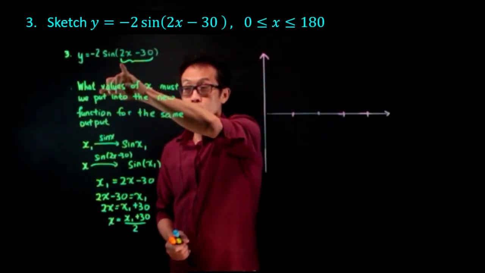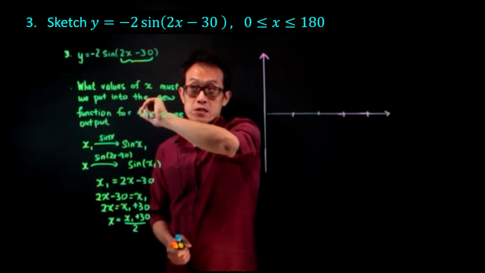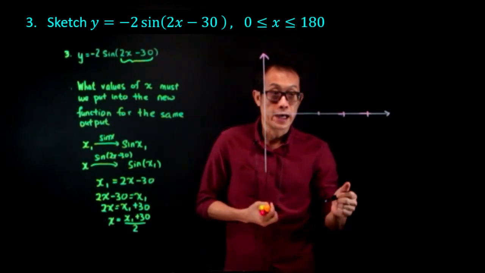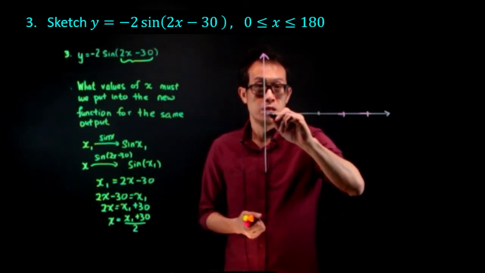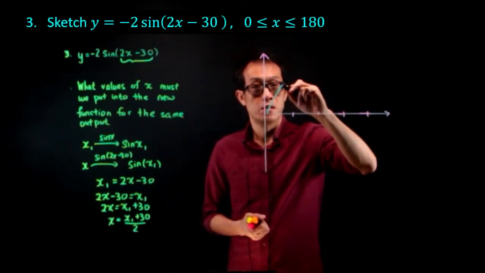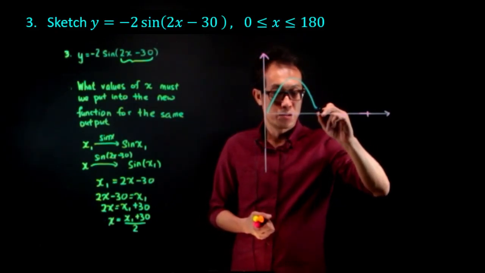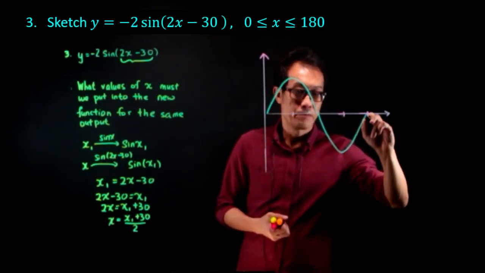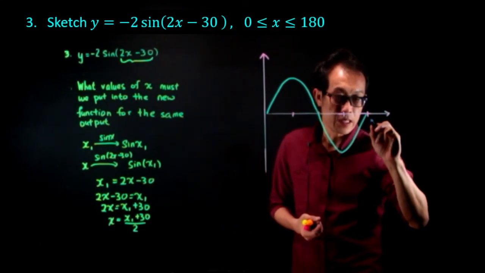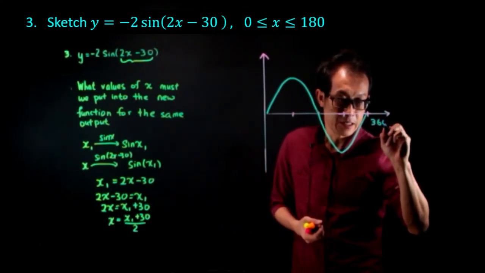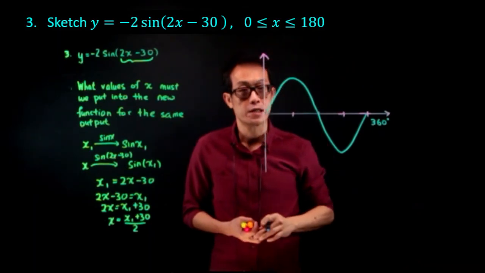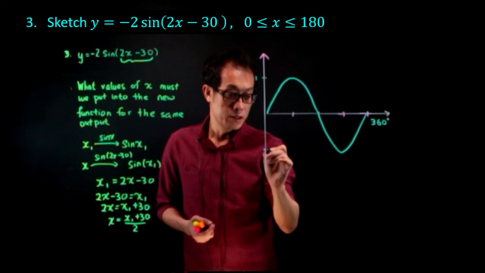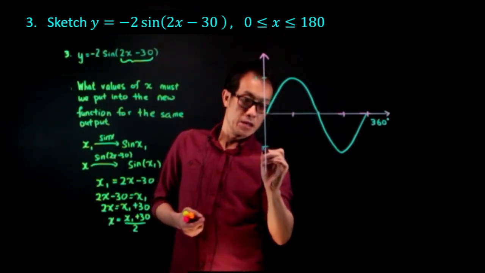The other way is we will attempt with the 2 first. Now let's draw the graph y equals sine x. Okay, it comes down, then goes up. So y equals sine x has a cycle of 360 degrees. So this is one cycle. And this value is 1 and maybe minus 1.